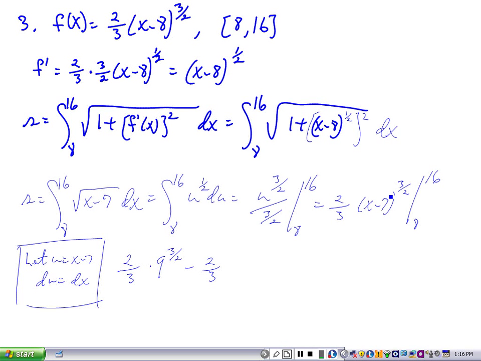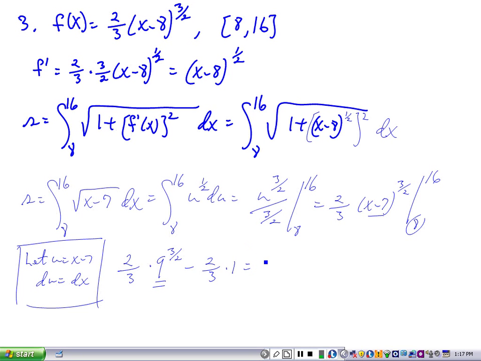And so 16 minus 7, now that makes sense, will be this 9. Okay, now we plug in the 8 minus 7, we get 1 to the 3/2, that's just 1.